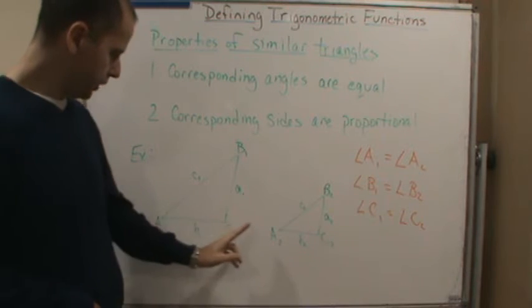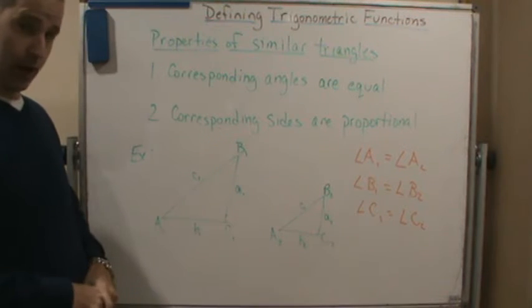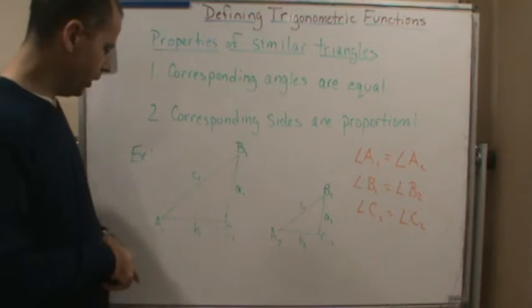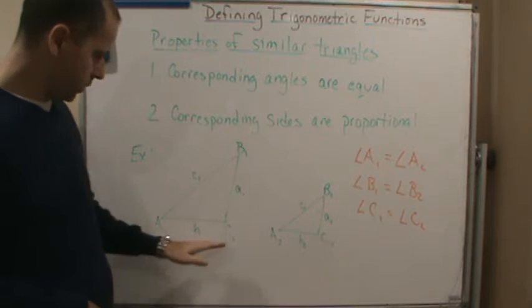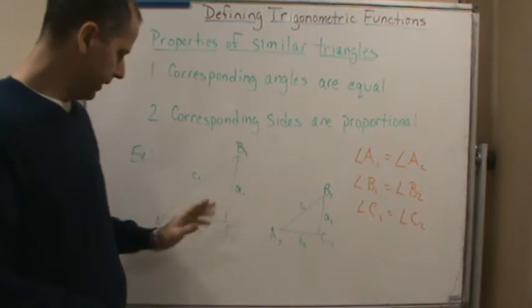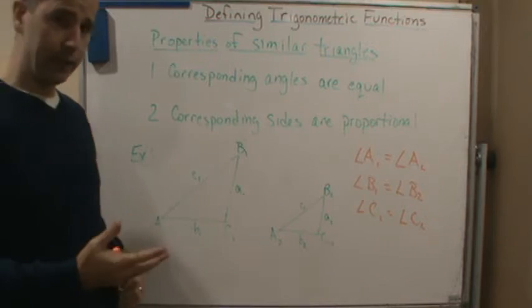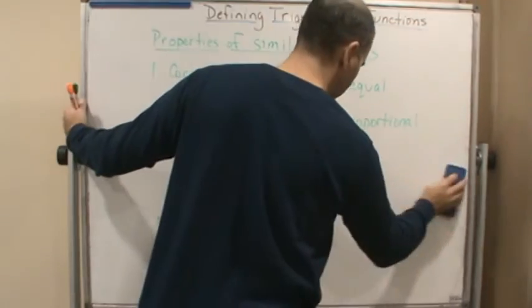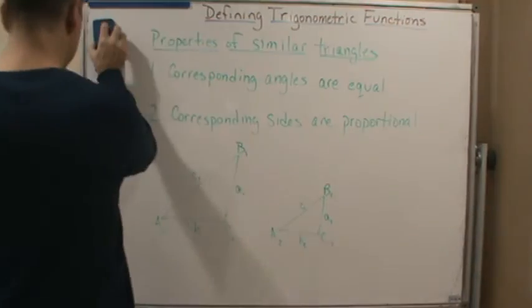So A1 corresponds to A2 in this case, and so on. Okay. Now, what do we mean by corresponding sides? Well, we would say that this side corresponds with this side. This side corresponds with this side, and so on. Okay. So what do we mean by corresponding sides are not congruent, but proportional?